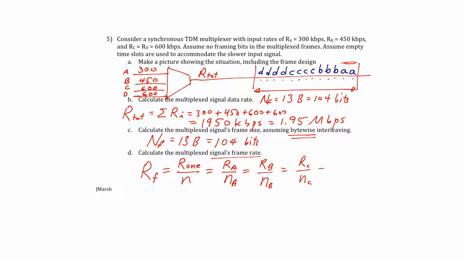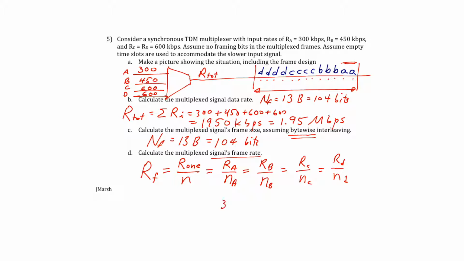RC over NC, RD over ND. Okay? Let me straighten this out a little bit here. Okay, all 4 of these must be equal, and in fact they are. Let's just double check.